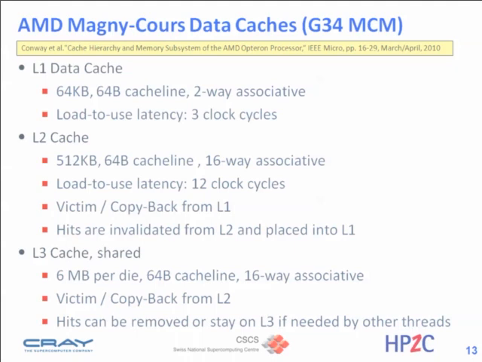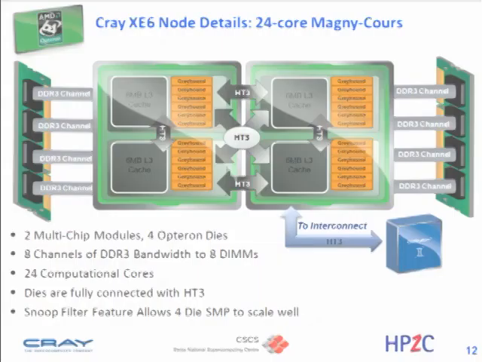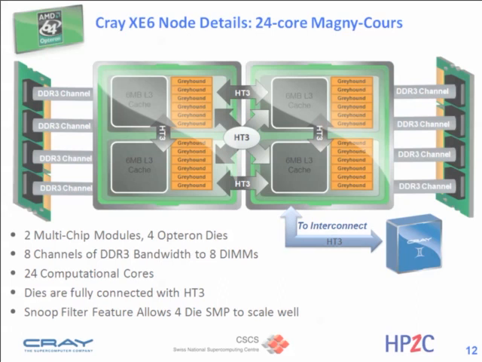Then we have a level 2 cache, and then we have an extra level 3 cache, which is shared. So each core has a level 1 and level 2 cache, while the level 3 cache is shared by the 6 cores in a die. Okay? So this is a die. That's the terminology.